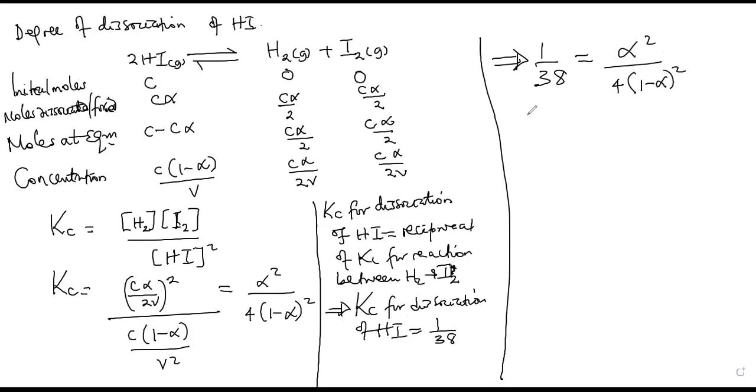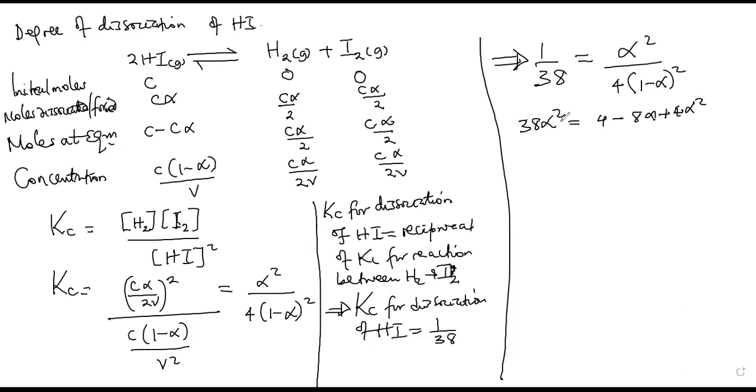So this is 38 times alpha squared is equal to, if you square this first, then multiply by 4, 1 minus 2 alpha plus alpha squared, so it is going to be 4 minus 8 alpha plus 4 alpha squared.